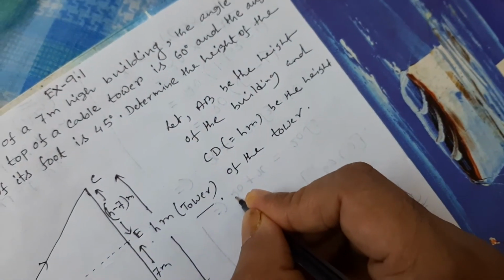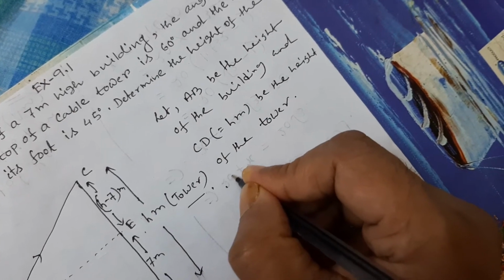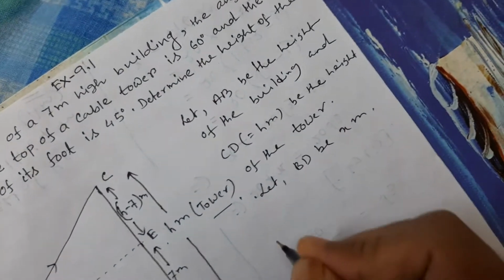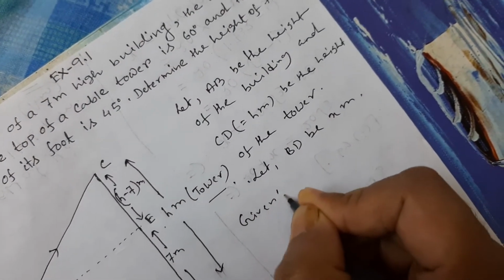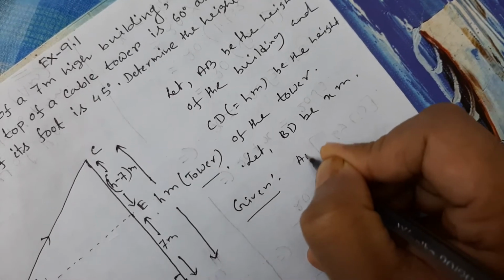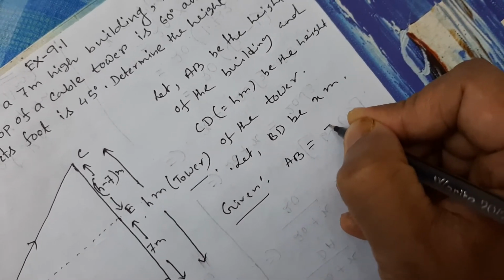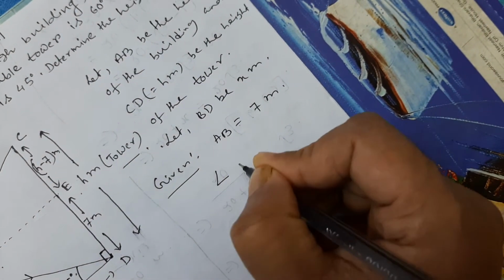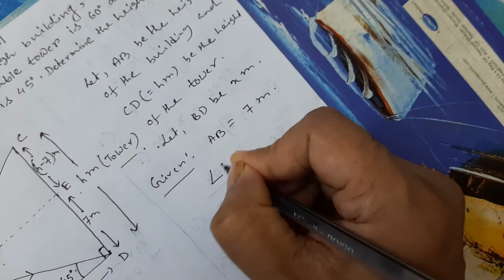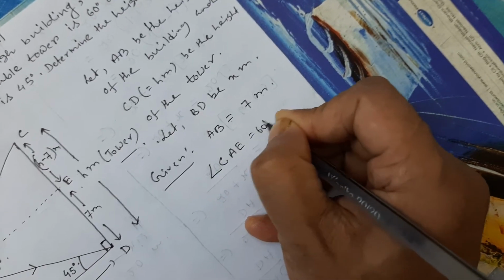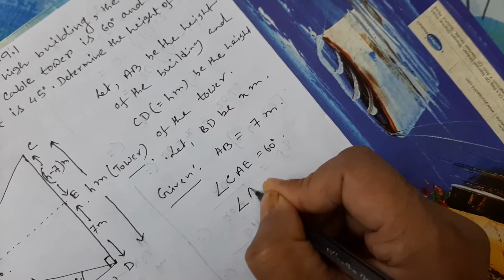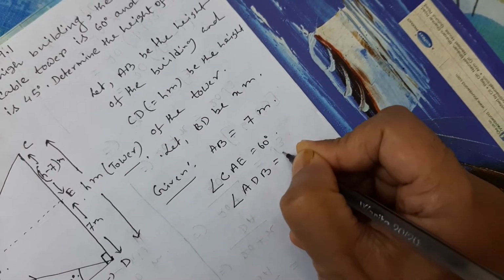Given, let BD be x meters, the base, and AB, the building, is 7 meters, angle CAE is 60 degrees, and angle ADB is 45 degrees.